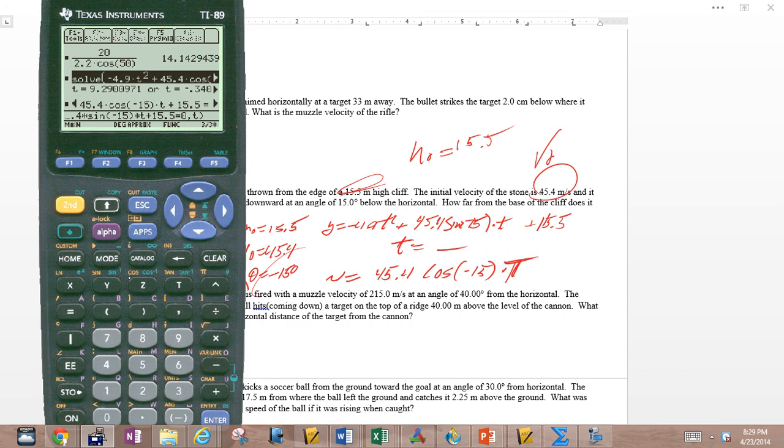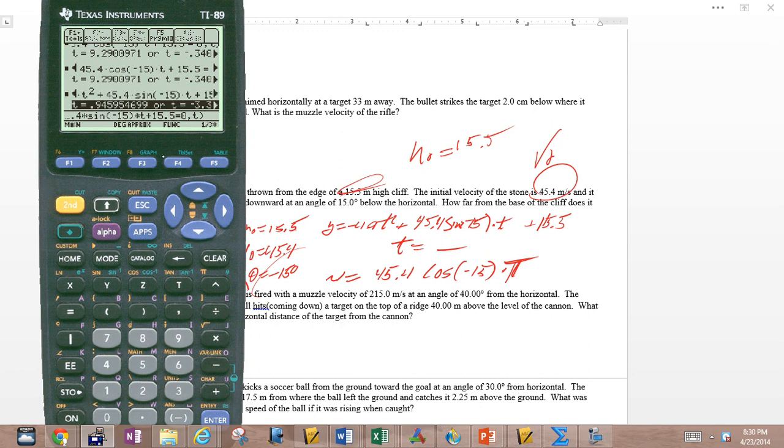Solve negative 4.9 t squared plus 45.4 cosine negative 15 t plus 15.5 equals 0, solve for t. I obviously did something wrong there. I put the cosine in instead of the sine, so I know I did that wrong. I'm going to show you where I corrected that. That's right here, with the sine of negative 15.